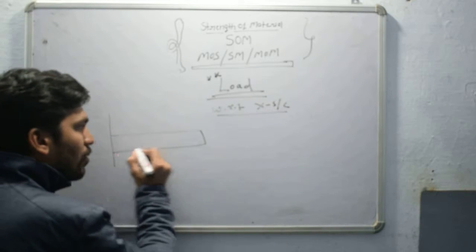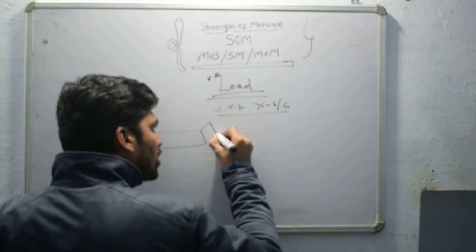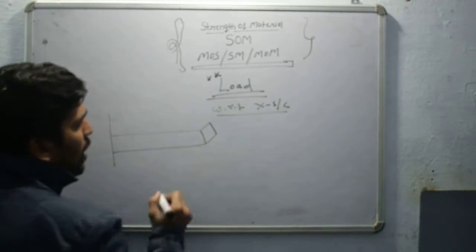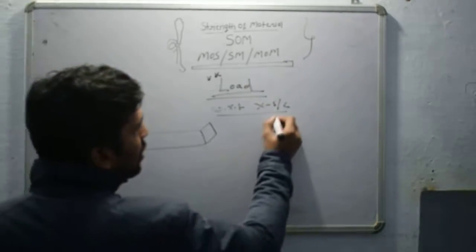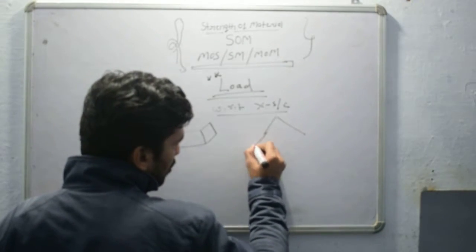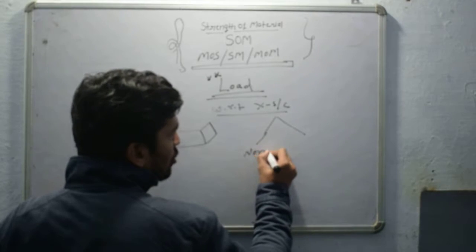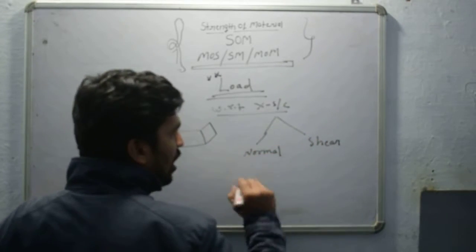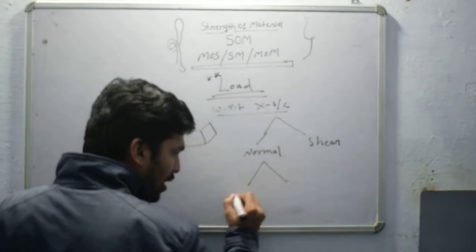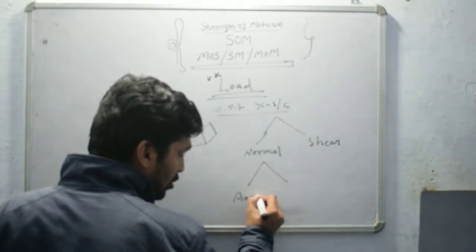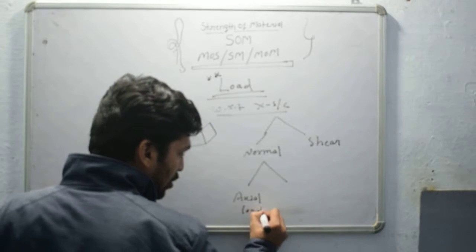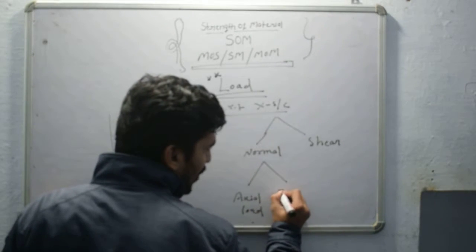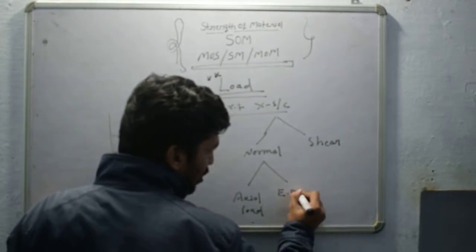This is a bar with the cross section. Here are the two categories: one is normal load and second is shear. Under the category of normal are axial load and eccentric axial load.